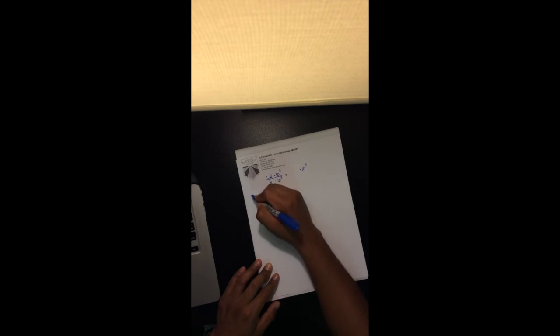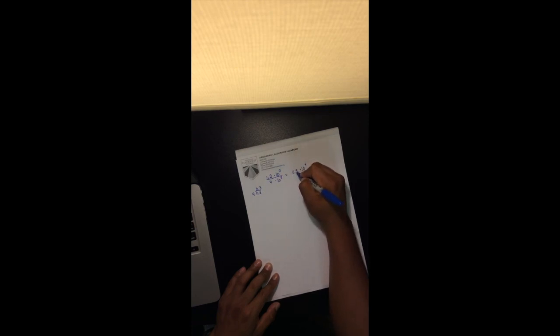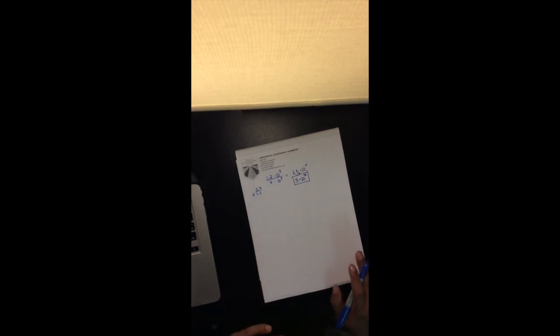Then I just do the division. 4 outside, 1.2 inside. How many times can 4 go into 1.2? 0. Add a decimal. 4 can go into 12 3 times, so it's going to be 0.3 times 10 to the 4th. But again, you have to move your decimal, so it's going to be 3 times 10, because I got closer to the right, the exponent goes down. Boom. Done. Alright?